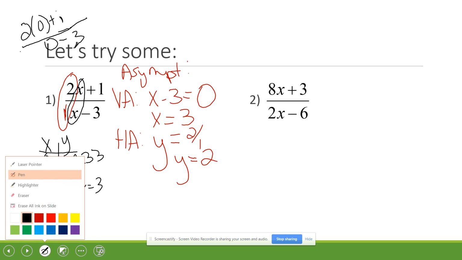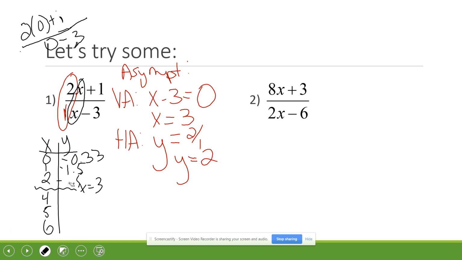I'm sorry, I'm doing the wrong thing right here. That's a negative 5. And excuse me, plugging in the 4, we get 9, 5.5, and 4.33.